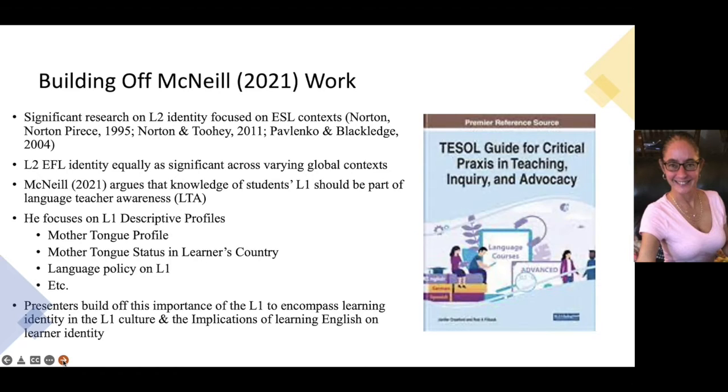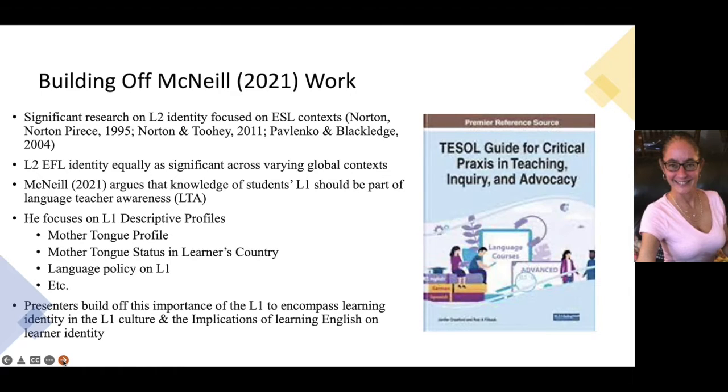So McNeil argues that knowledge of students' L1 should be part of language teacher awareness. Normally language teacher awareness has consisted of our pedagogical practice, our content knowledge, and our classroom practices.